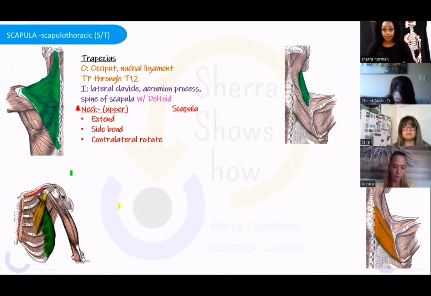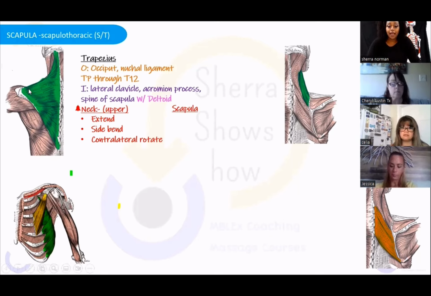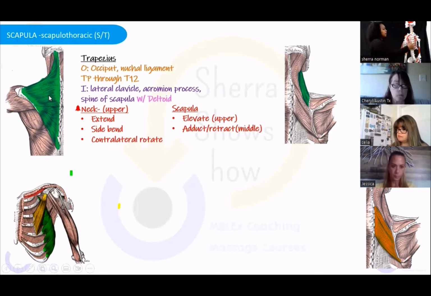For the scapula, the upper fibers, as you can see, reach down and grab onto the scapula. It's going to elevate the scapula. The middle fibers are going to adduct the scapula, so it's going to pull the scapula together, okay? It's going to pull the scapula to the spine, adduct to the spine, or retract.